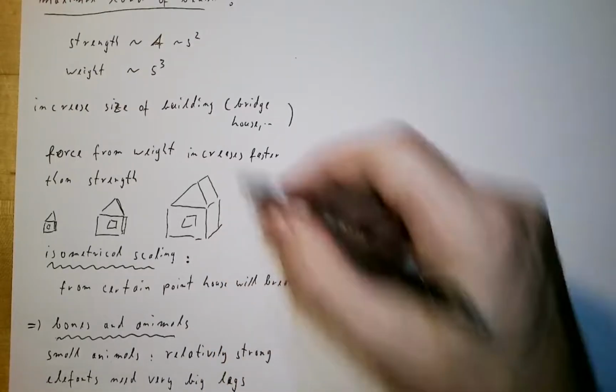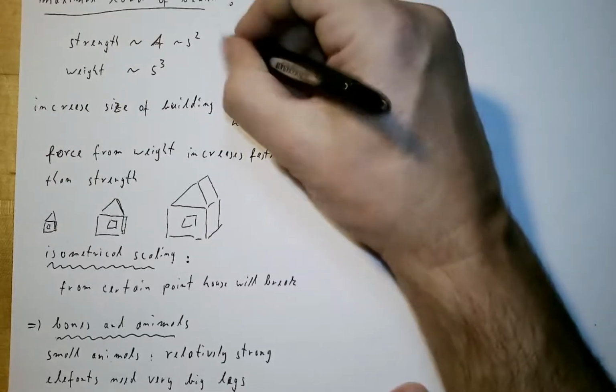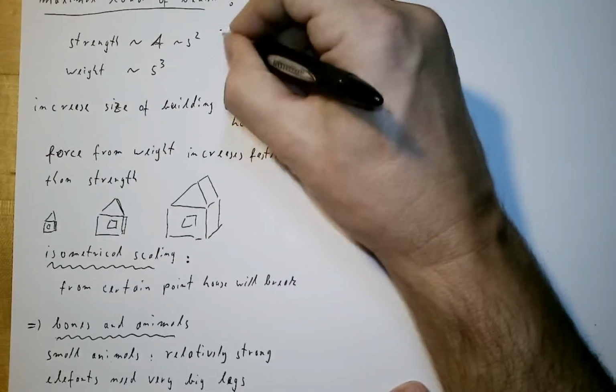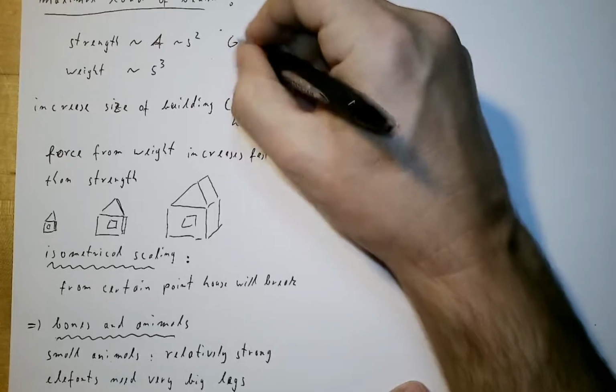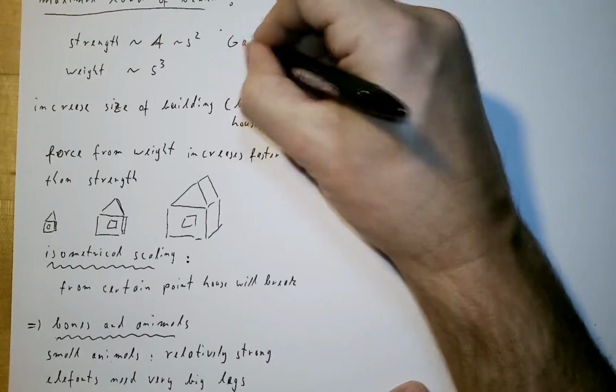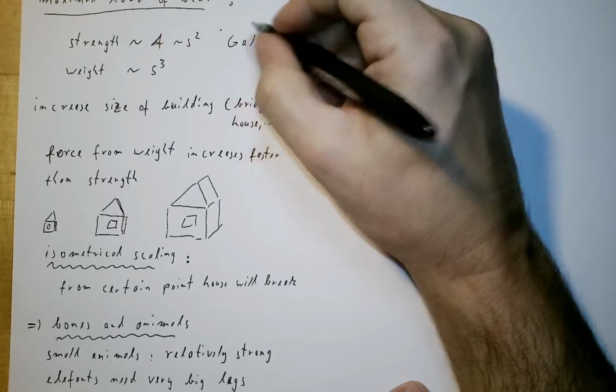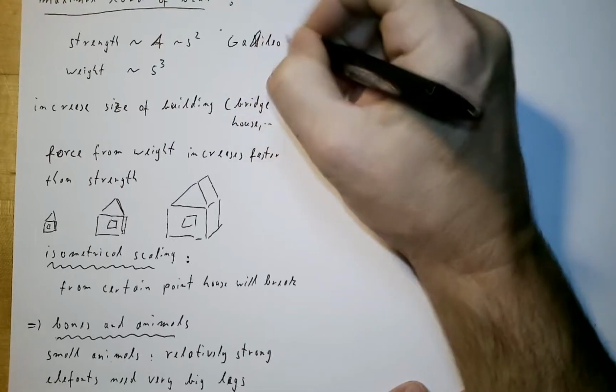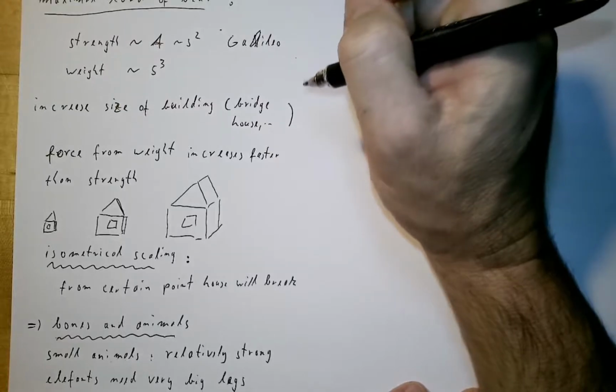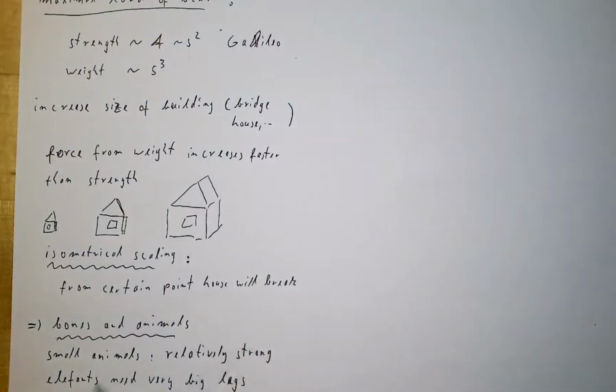And this observation goes back to Galileo, who in old days already found this law, that small animals are stronger than big animals.